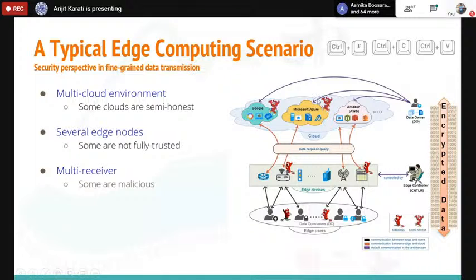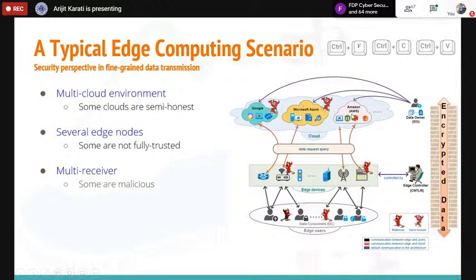Now, for example, my data owner is transmitting some data into any of these clouds, and the user, as a data consumer, knows which data has been uploaded to the cloud, but the user doesn't know where the data is, whether it is in Google Cloud, Microsoft cloud, or Amazon cloud.